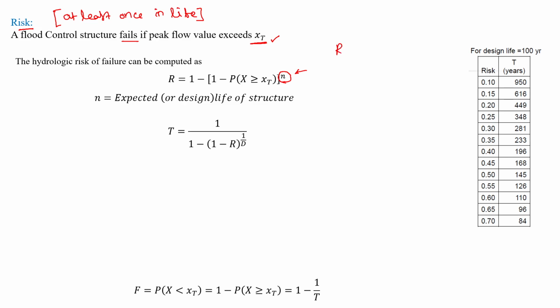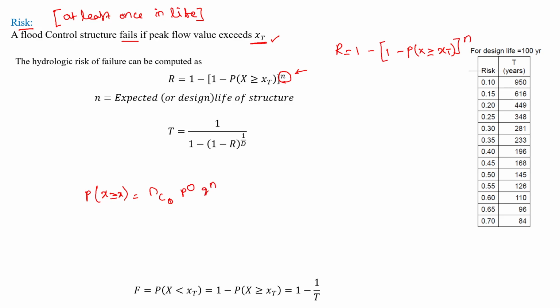Okay, so r is nothing but risk, nothing but 1 minus p of x greater than xt, whole power n. Otherwise, I can simplify it quickly. Probability of x greater than or equal to 1 is 1 minus nC0 p power 0 q power n.